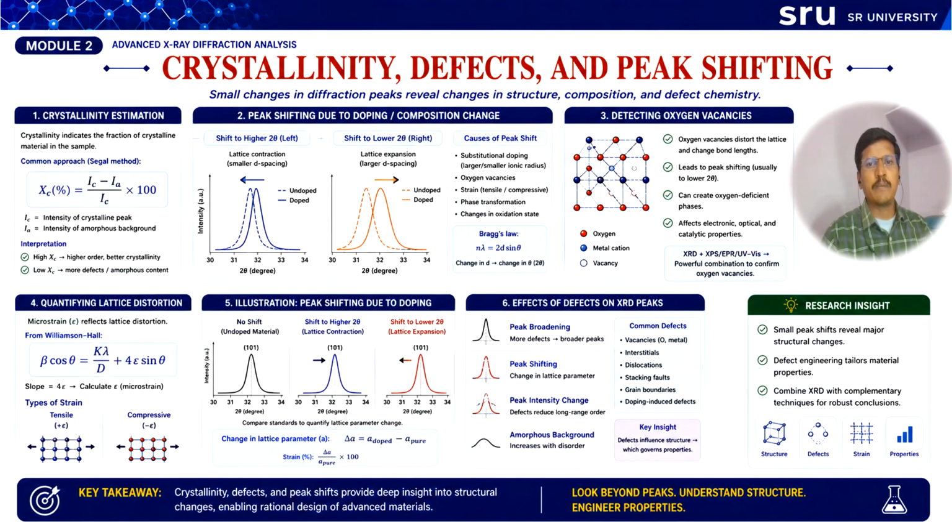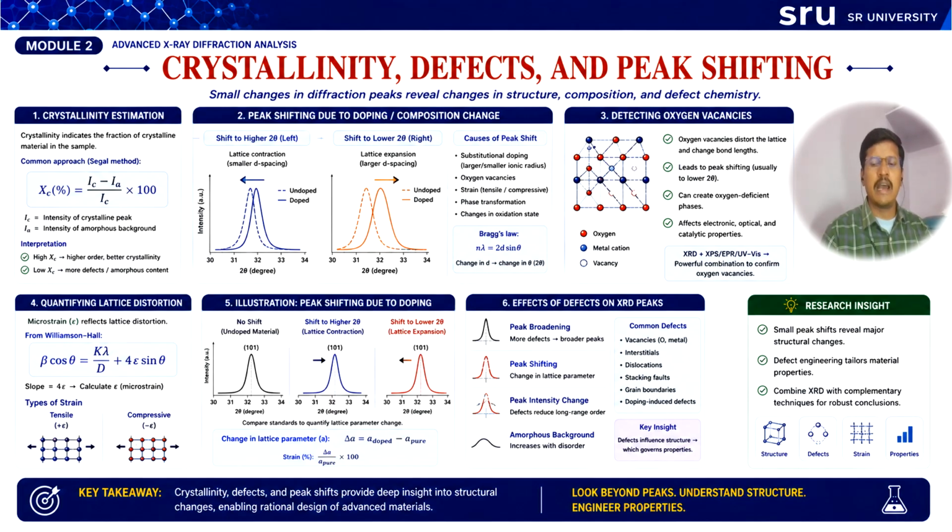If the diffraction peak shifts towards the lower side, it generally means lattice expansion has occurred, so the lattice parameters will increase. This may happen when large doping ions enter the crystal structure.